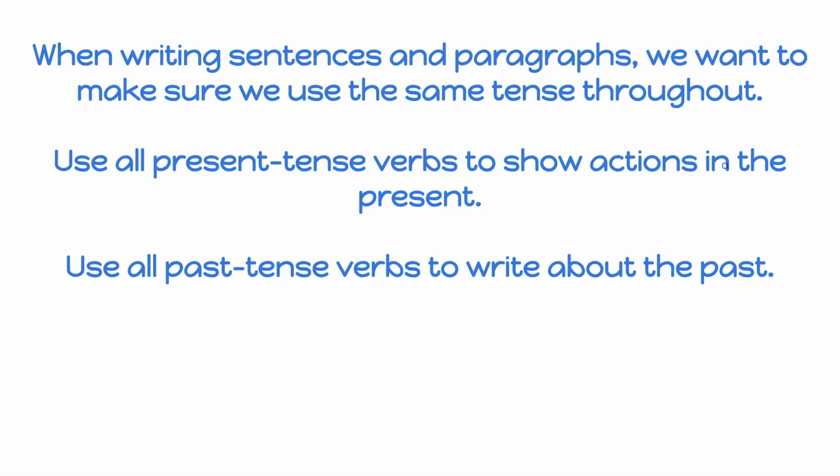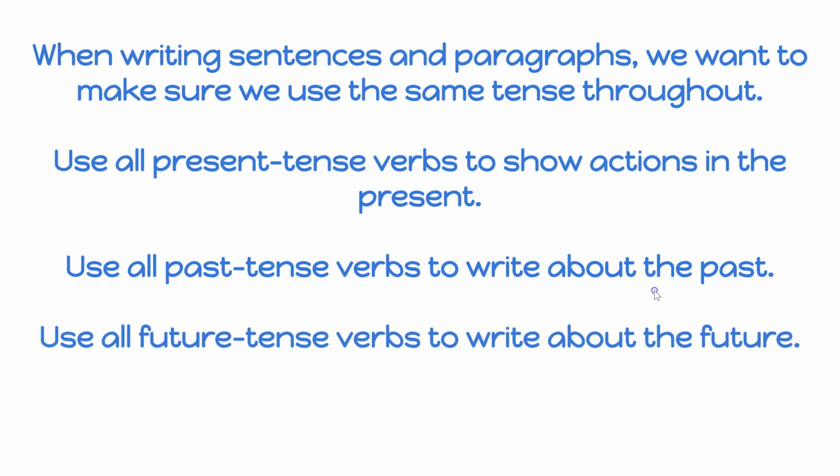Use all past tense verbs when writing about the past. Once again, if you're writing a sentence or paragraph in the past tense, make sure every verb is in the past tense. And finally, use all future tense verbs to write about the future. So if you're writing sentences and paragraphs in the future tense, make sure that every single verb is in the future tense.